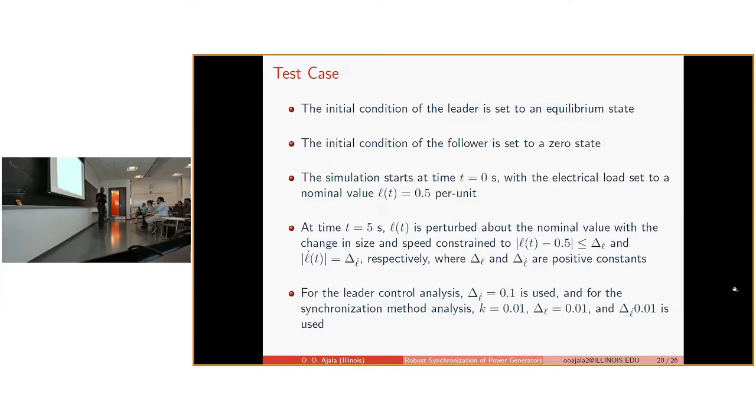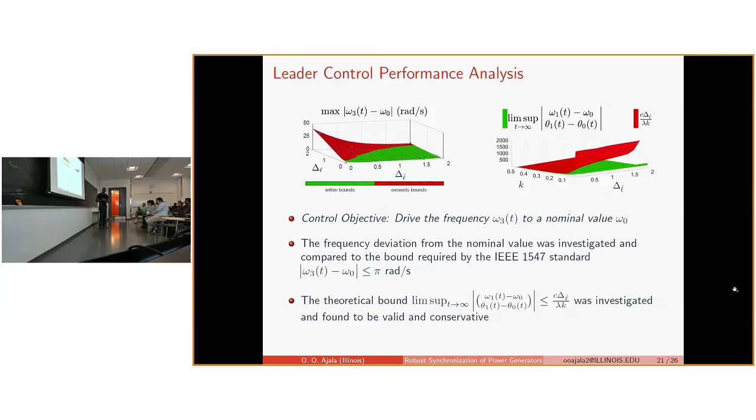And for the leader control analysis, we use the following value for the upper limit on the rate of change of the load, and we use the following value for K, and likewise for the rate of change. We have the following results.